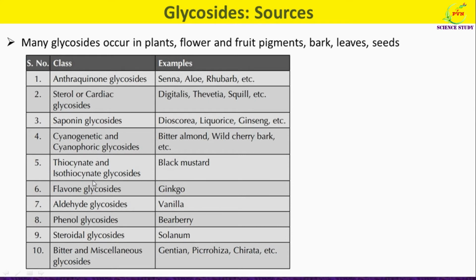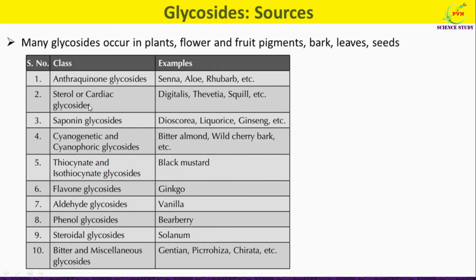This is the table which shows the sources of the glycosides and the glycosides produced from the plant sources. Anthraquinone glycosides are produced from plant genera such as Senna, Aloe, Rhubarb.